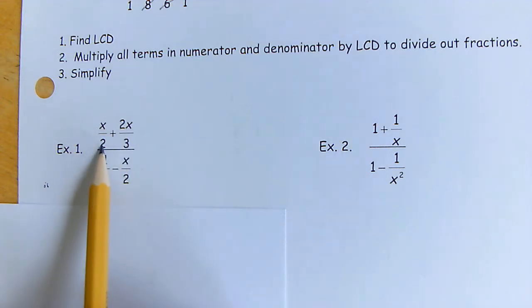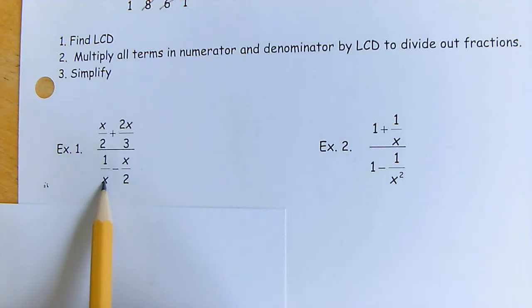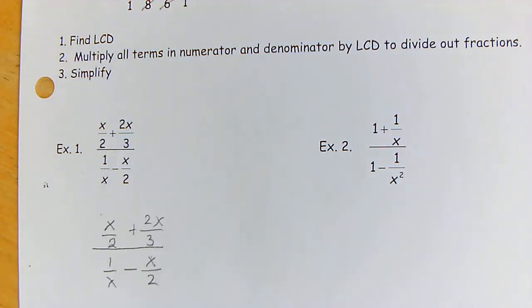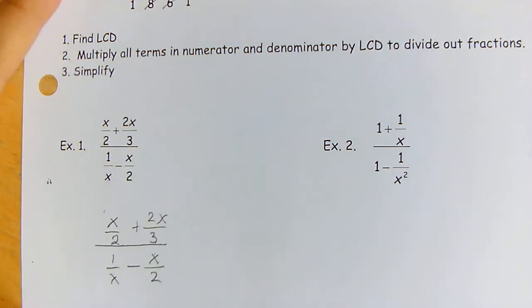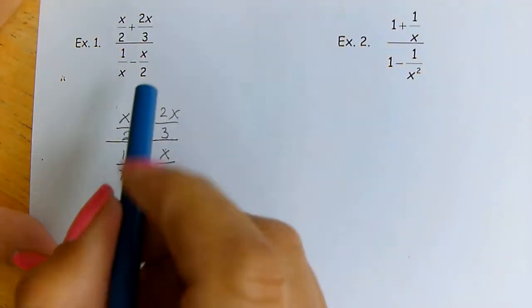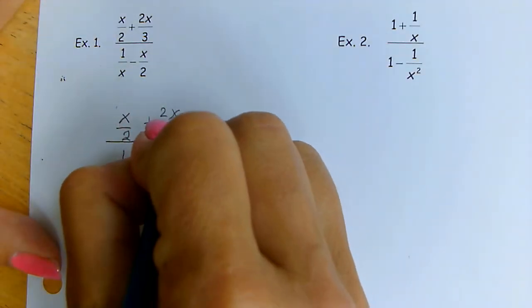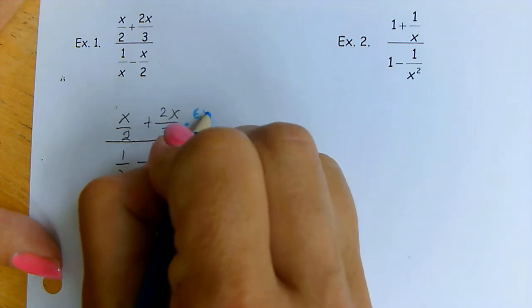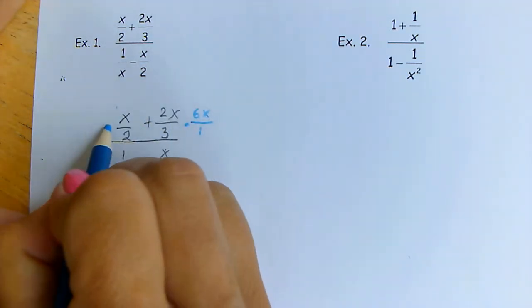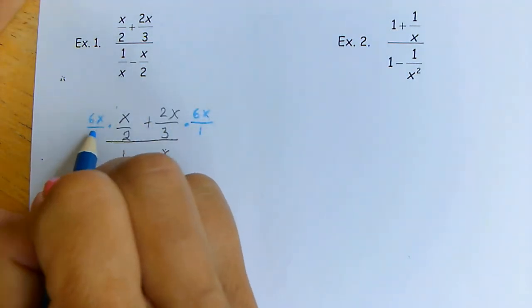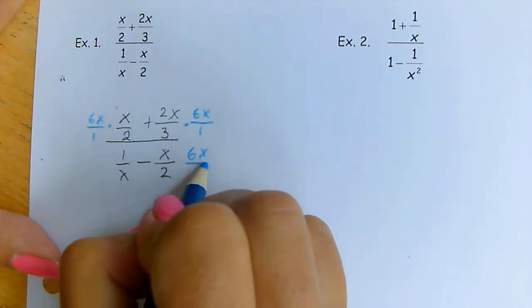So my lowest common denominator for the 2 and 3 has to be a 6, and we also have to include an x, so it has each factor. So I'm going to take my original problem, and I'm going to multiply all 4 of these fractions by 6x.